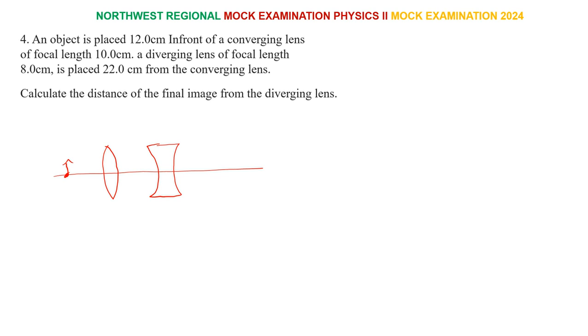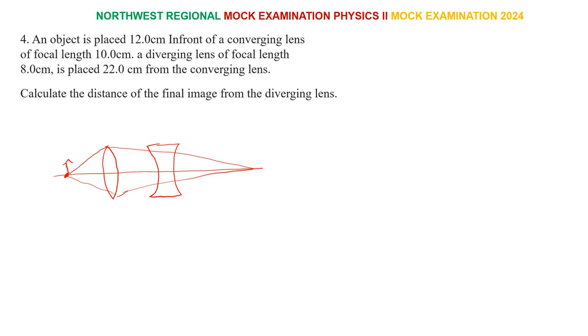So a proposed general ray diagram for this can be something like this, with respect to the converging lens. We are going to observe an image formed somewhere here.